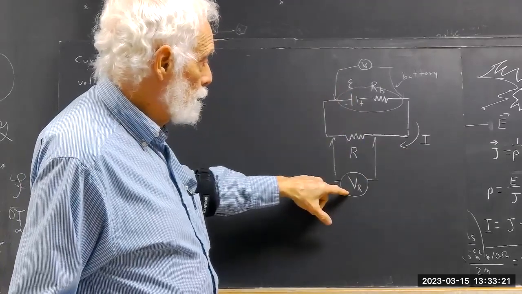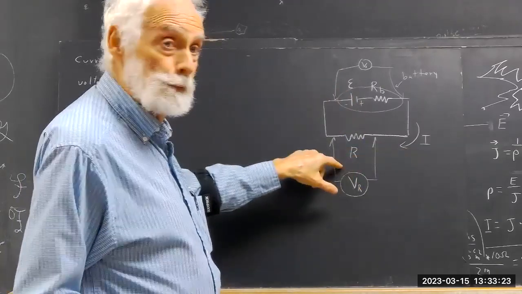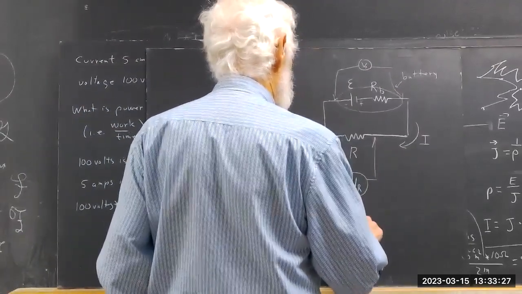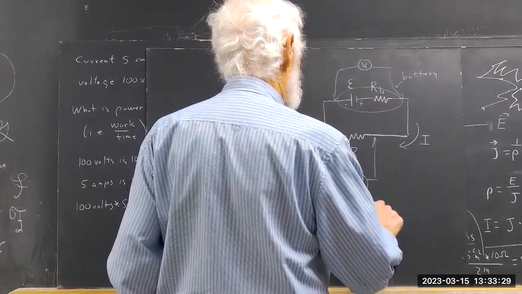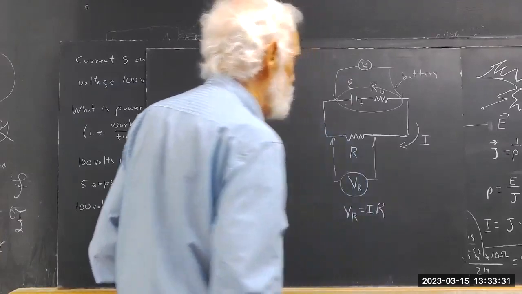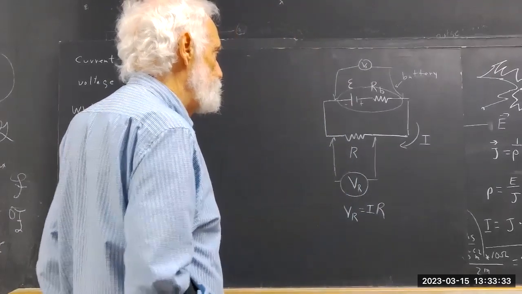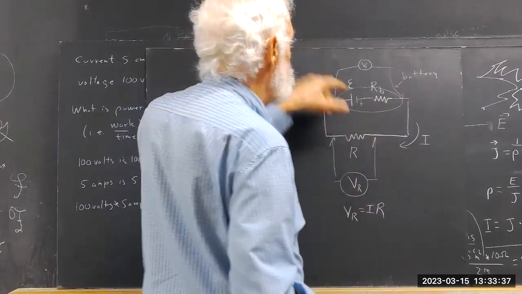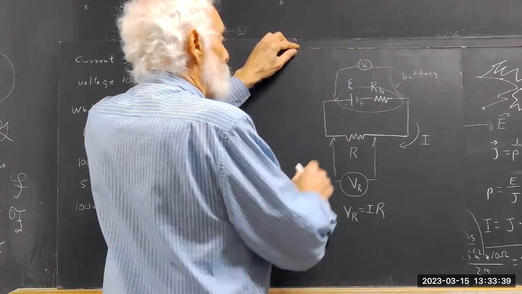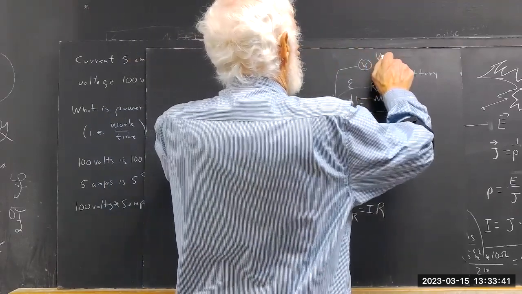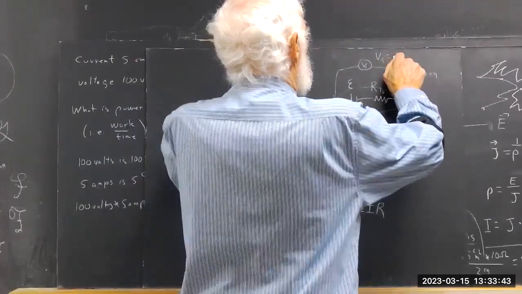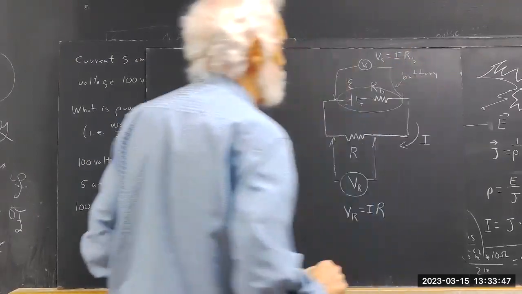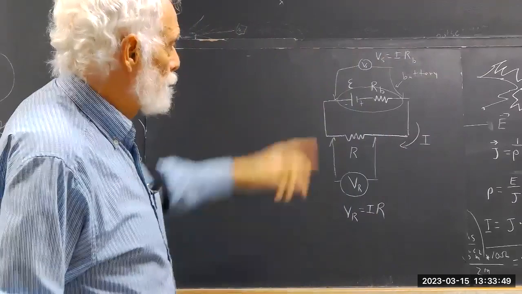So the voltage across that resistor is just the current times the resistance. Up here, you get a voltage across here. Voltage of the source equals current times resistance of the battery.